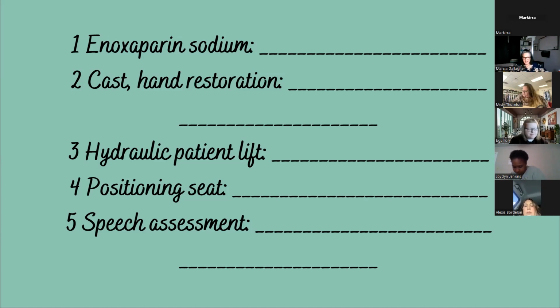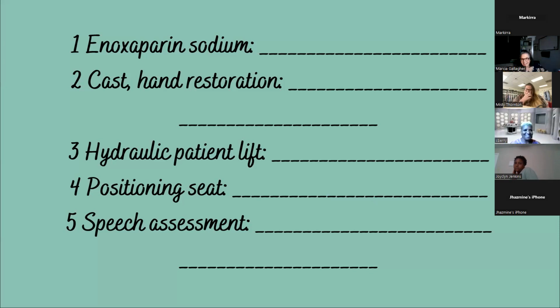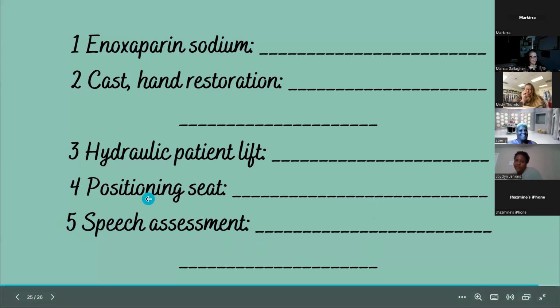Very nice. Do you guys agree that hydraulic patient lift is E0630? Yes. Very well done. Nice job, Jocelyn. Jocelyn just started class on Monday, y'all. Very good, Jocelyn. Good job.